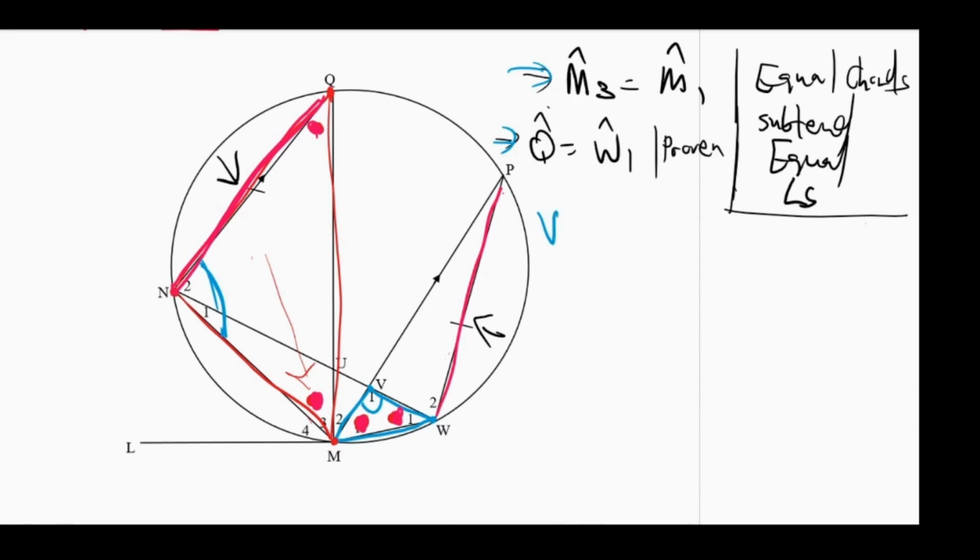So this confirms that V1 would be equal to N1 plus N2. So this is just the sum of angles of a triangle, right? So yeah, therefore the triangles are similar.